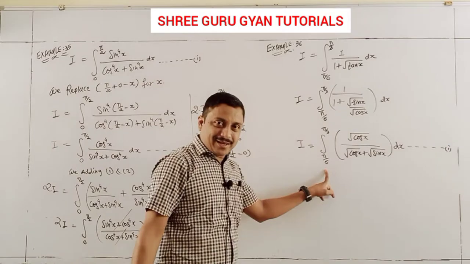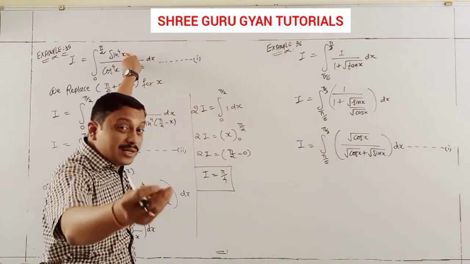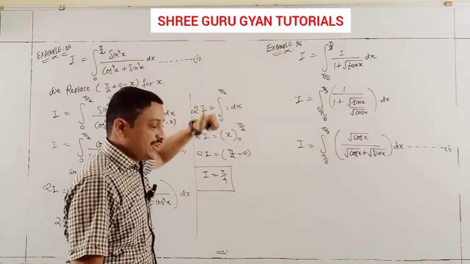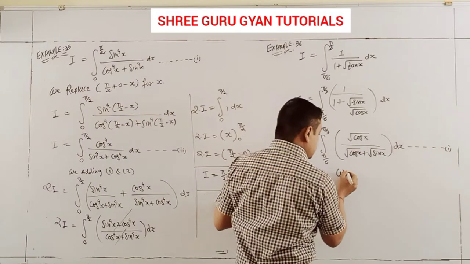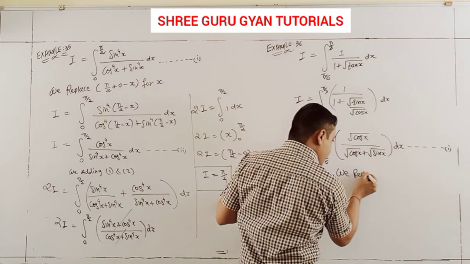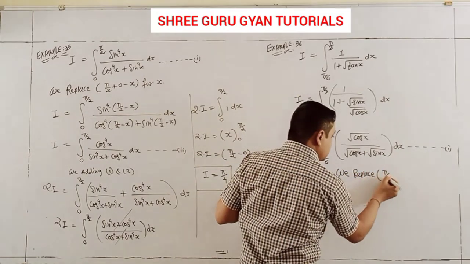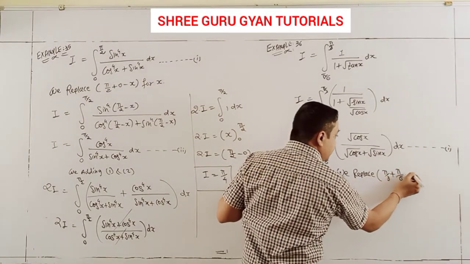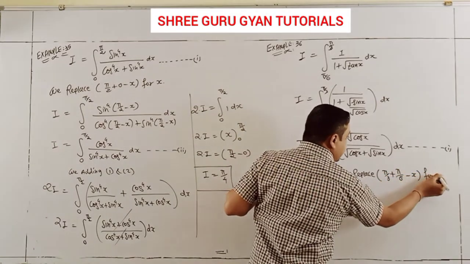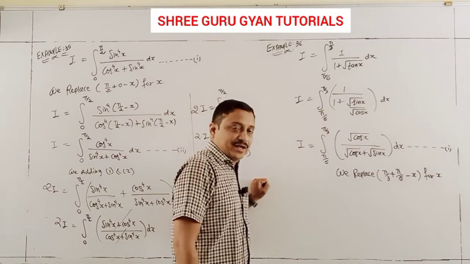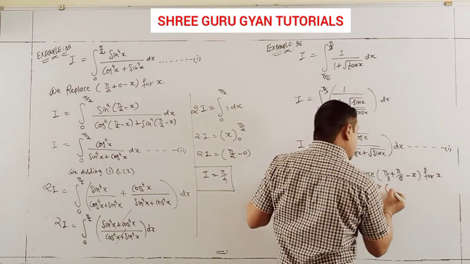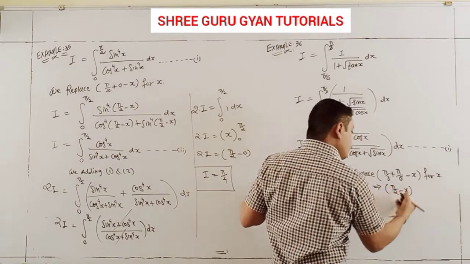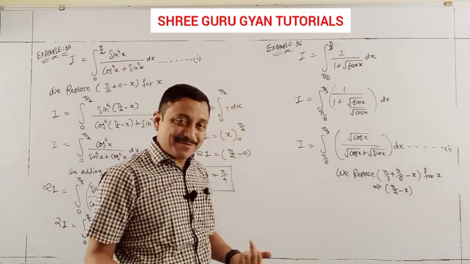Students, this numerical and that one are totally the same. Check here. We replace x by upper limit plus lower limit minus x. Actually it is pi by 3 plus pi by 6.